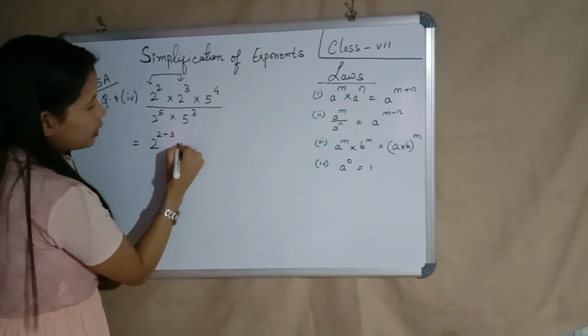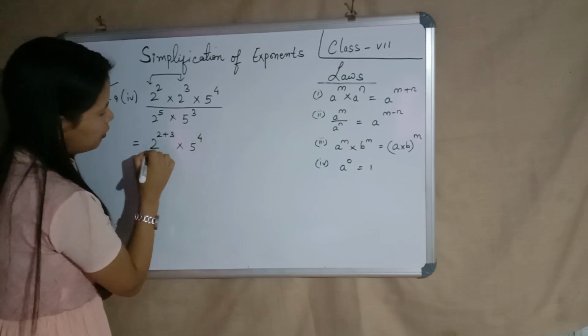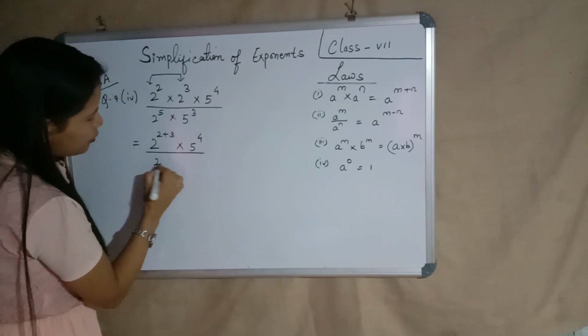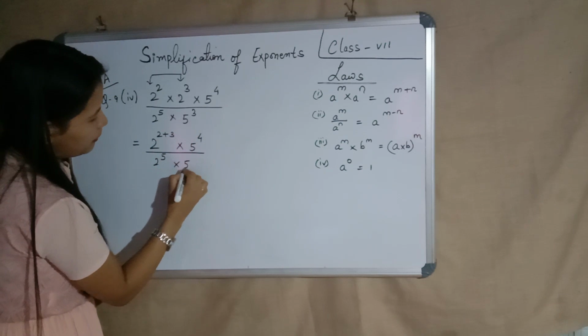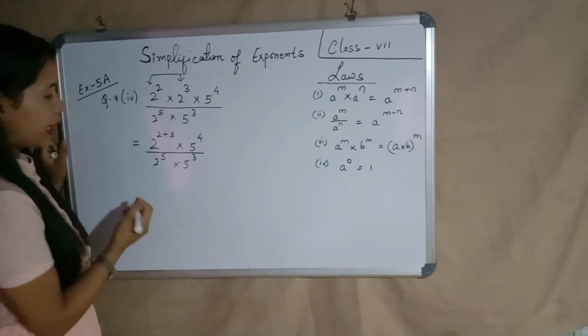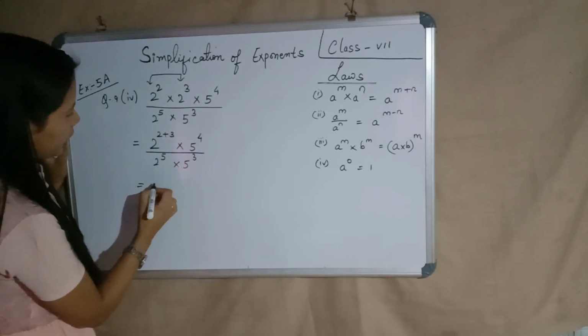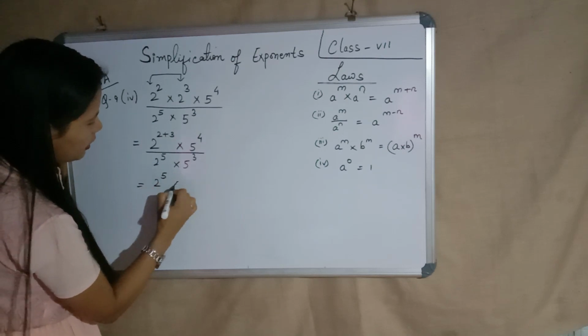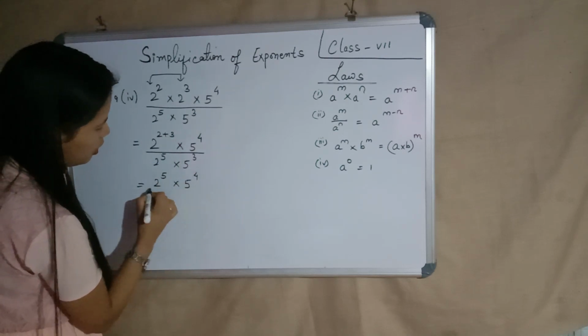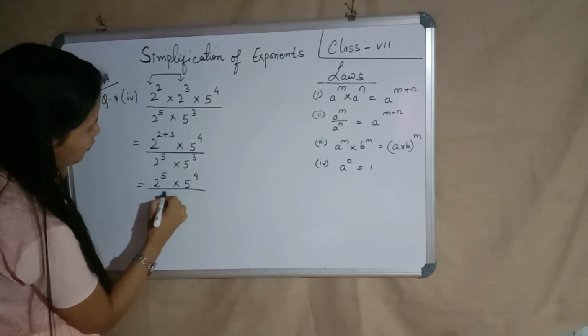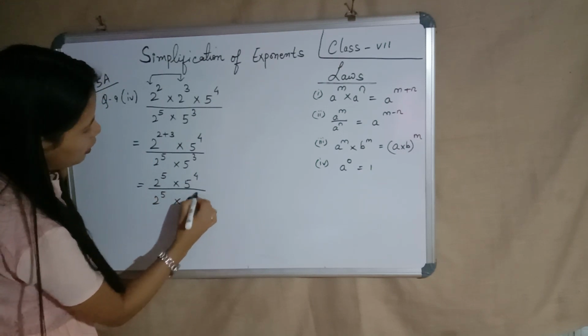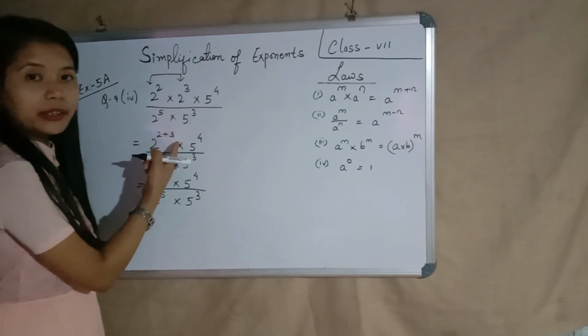Now this will be 2 to the power 5 into 5 to the power 4, divided by 2 to the power 5 into 5 to the power 3. I just added the powers.